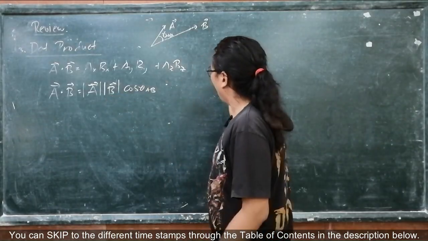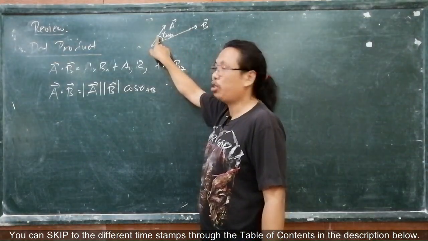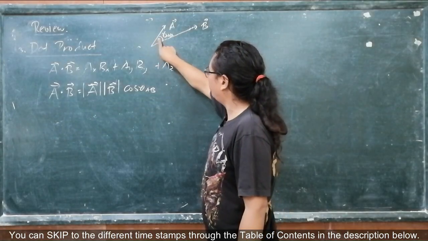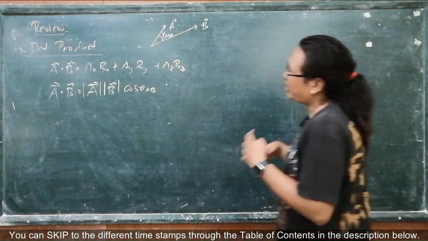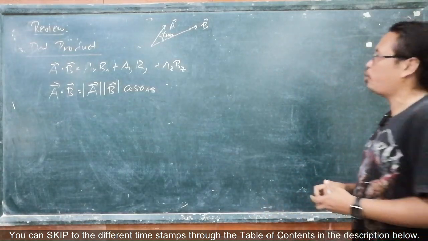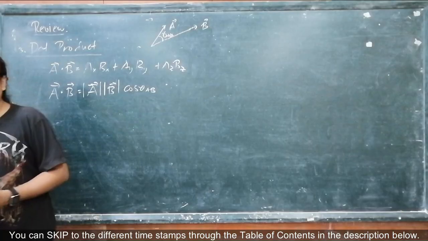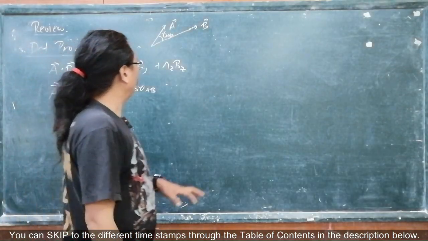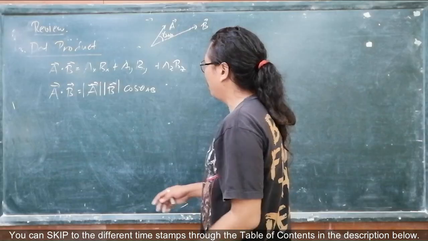And then after that, the most difficult part actually in using this one is finding this theta AB here. It's not that it's impossible to find it, but it's quite a work to do it, no? You have to do some trigonometry.